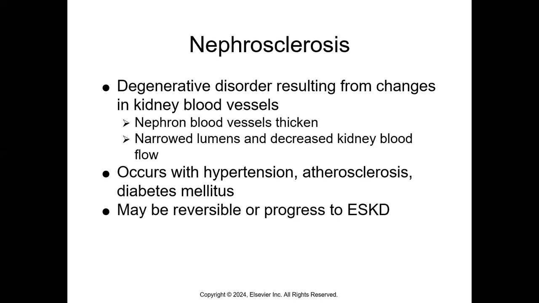arteriosclerosis, or diabetes. Remember diabetes, we talked about the heart is trying to push around maple syrup within the body instead of blood. So this can be reversible if we treat the causes, or it can progress to end-stage kidney disease.